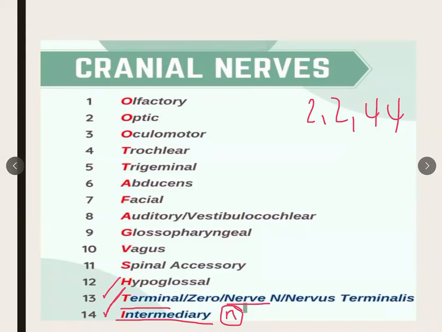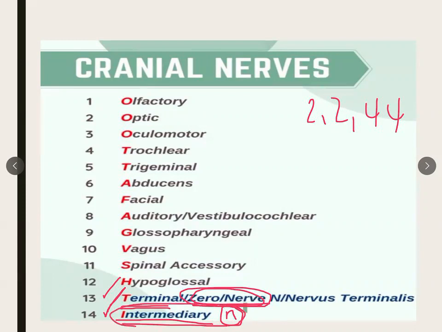Some say that the terminal nerve, or the zero nerve, is actually a branch of the olfactory nerve. That's why, as of now, the terminal nerve is not yet included as a cranial nerve. So probably in the future, who knows?